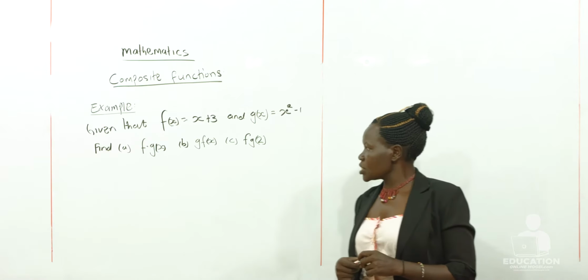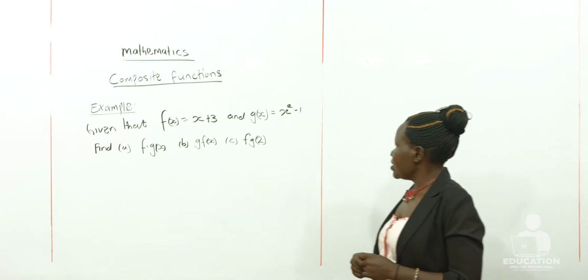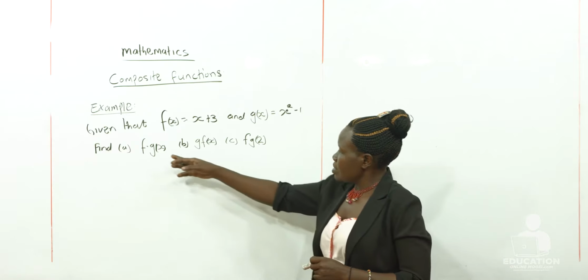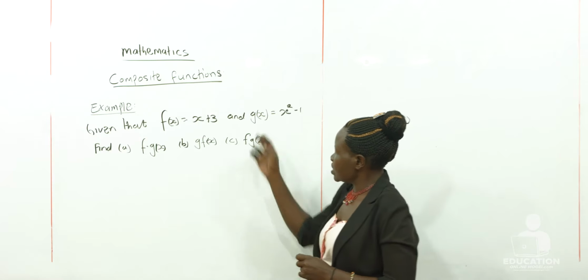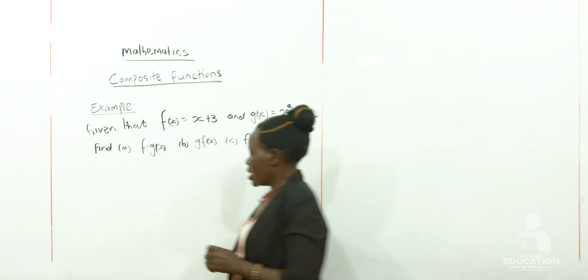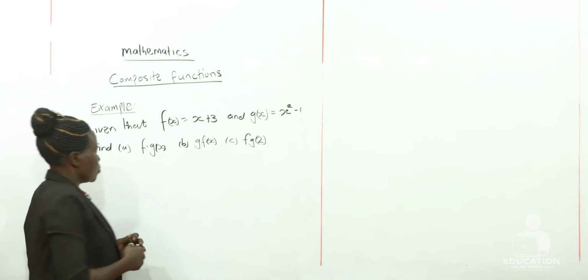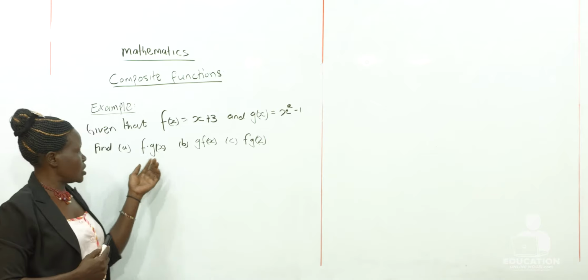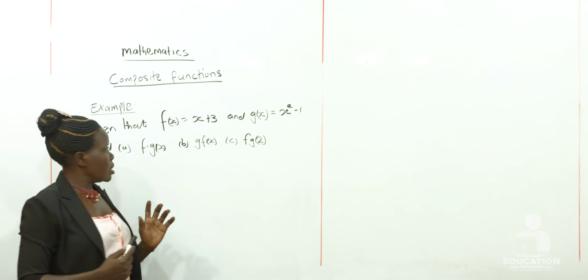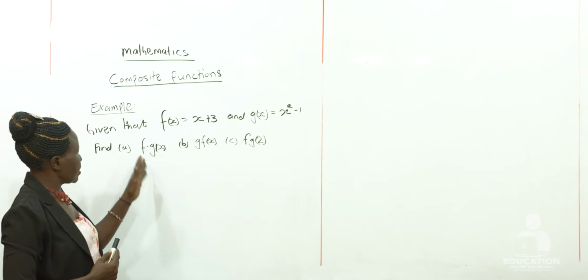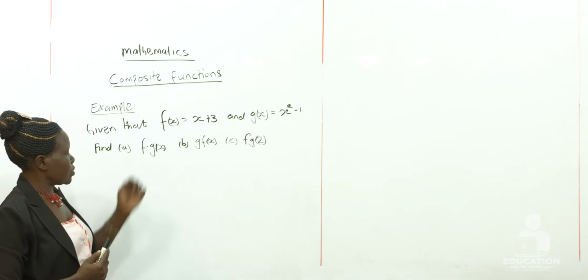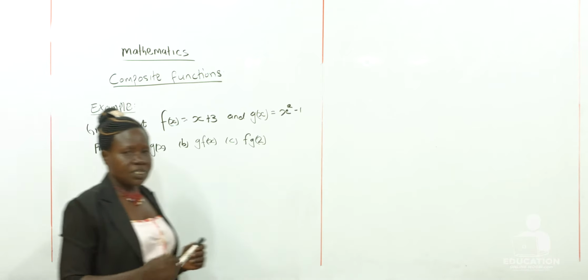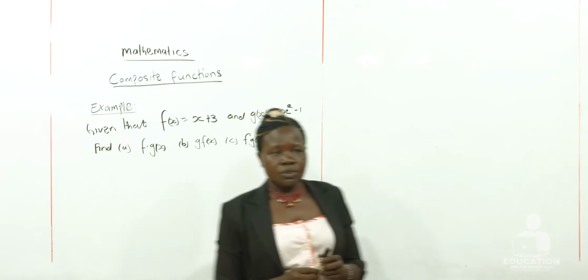So in this case, if they ask you to find the composite function of this kind of functions, what do you do? You look at the equation. Remember, in our introduction we said the order of these functions that make up a composite must be taken very seriously.